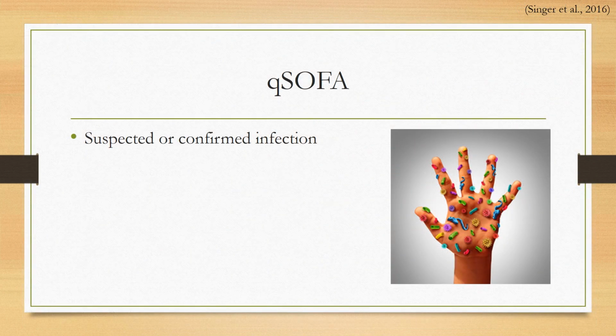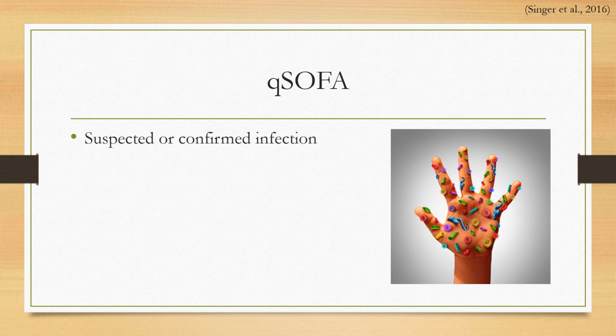As such, the committee also ratified the use of the quick SOFA, or qSOFA, which looks at a set of specific criteria for diagnosing sepsis in a non-ICU setting. Important to note though, the qSOFA does not define or diagnose sepsis. It merely identifies patients who have a higher mortality and in whom sepsis treatment protocols should begin.